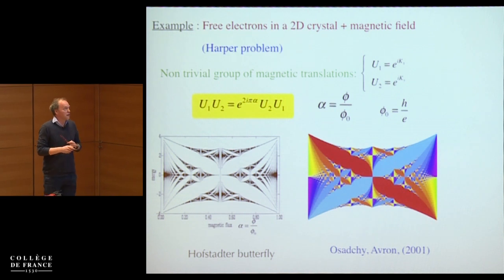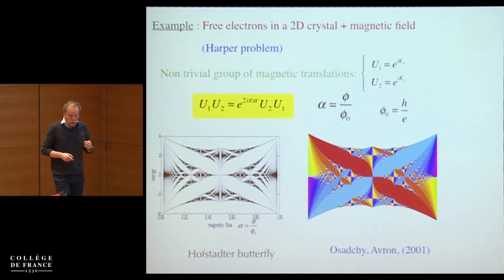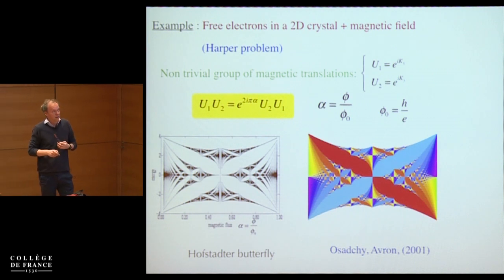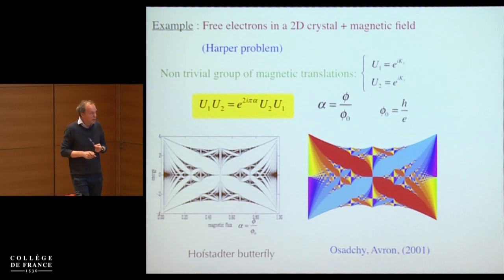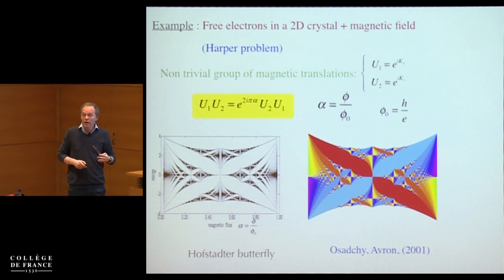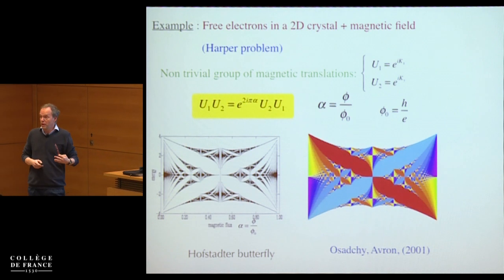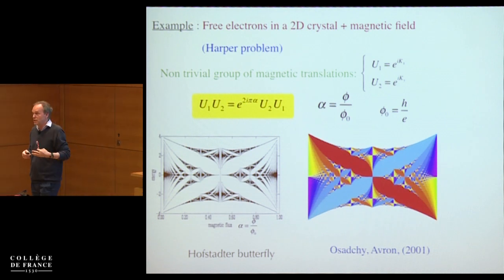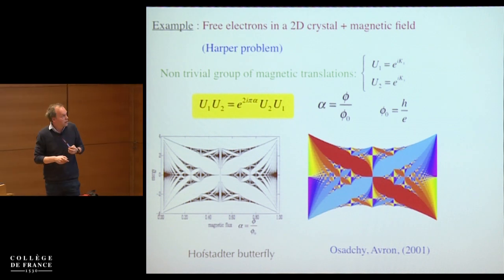And if now you decide to read this picture using the Chern class or the Chern number description, then you obtain this not less nice picture, which is due to Osadchy and Yosi Avron, and in which each phase here is in fact characterized by a given Chern number. It's a generalization of this gap labeling theorem, in which each of those gaps can be labeled by a Chern number.